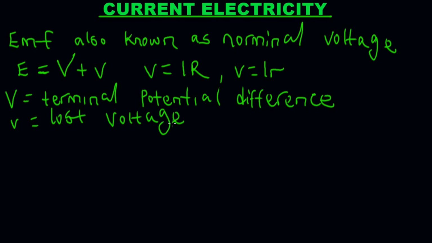Good. So now let's substitute into that formula to get the full formula of our EMF. So substituting, we have E, which is our EMF, will be equal to IR plus Ir, that's a small r, just as we see here.